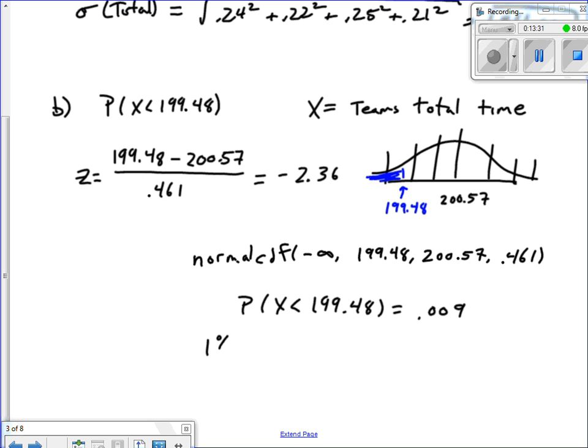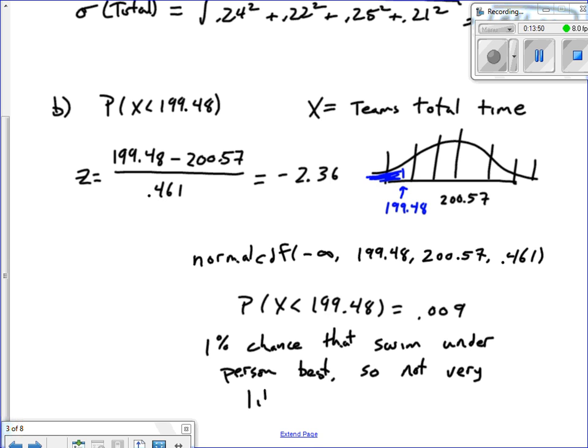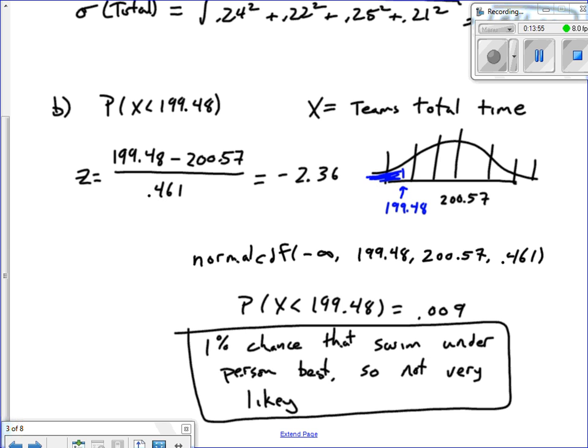So there's about a 1% chance that they swim under their personal best, which isn't very likely. So about once out of every 100 swims they would do it. So we'll use our knowledge of normal distribution to answer that question.